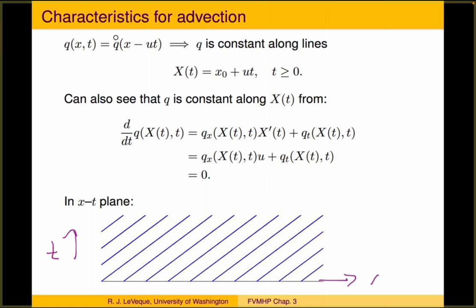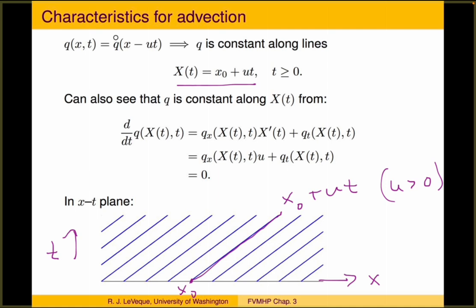This is the x-axis over here. And from any particular point x0, if we solve the characteristic equation, we get X(t) = x0 + ut. So it simply propagates along. This is drawn for a case where u is positive, so that the advection is to the right. If u were negative, then the characteristic curves would be going off in the other direction.